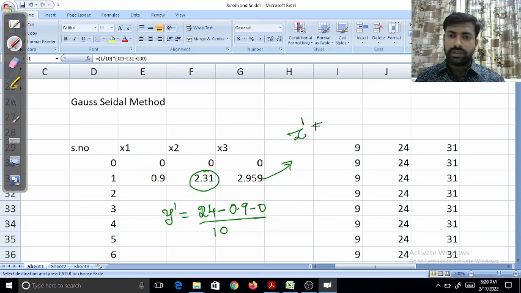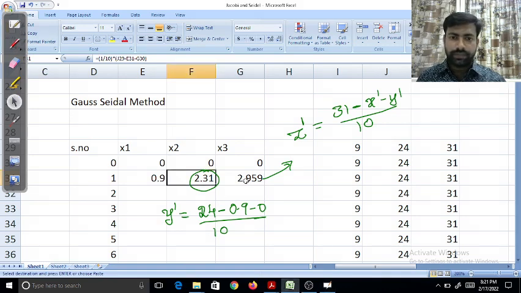That is z1 equal to 31 minus, and now we use the updated values again, that is x1 minus y1, divided by 10. Yes, it is minus and minus only.